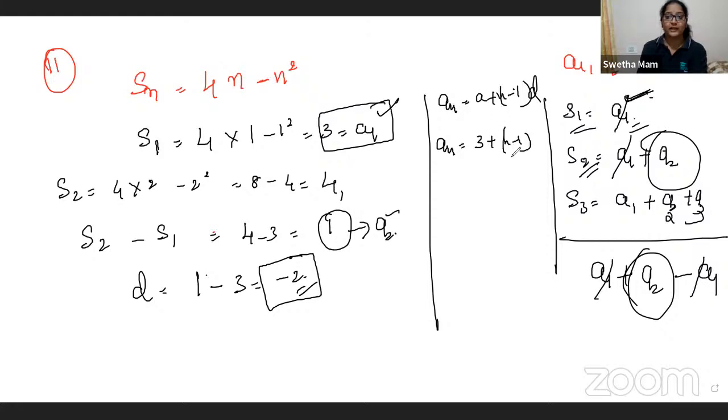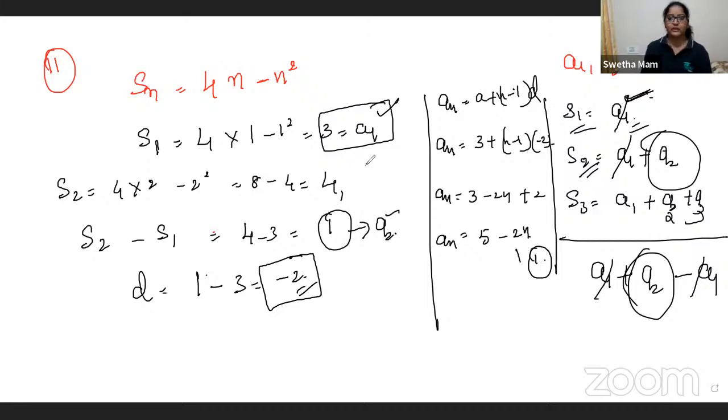N minus 1 into D, where D is minus 2. So AN is equal to 3 plus minus 2N plus 2, that is AN is equal to 3 plus 2 is 5 minus 2N. See, this is the equation.